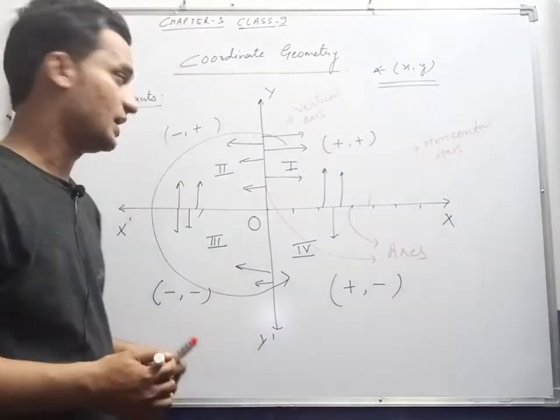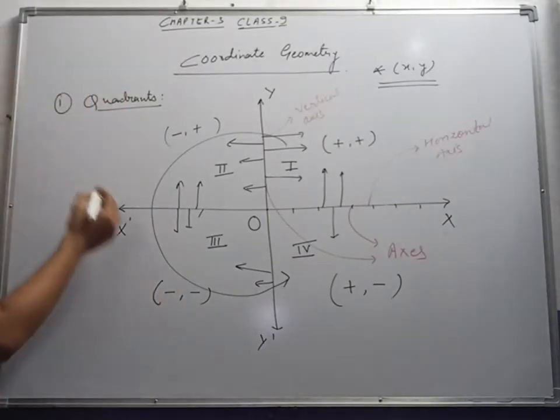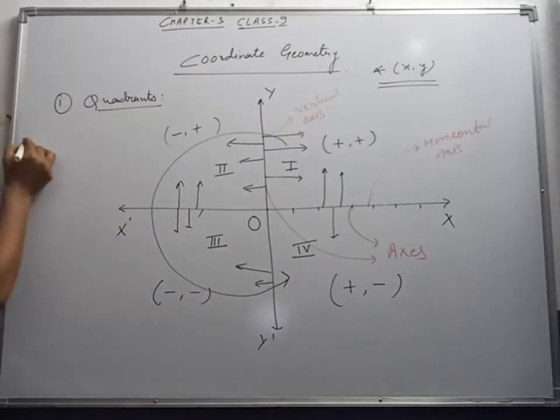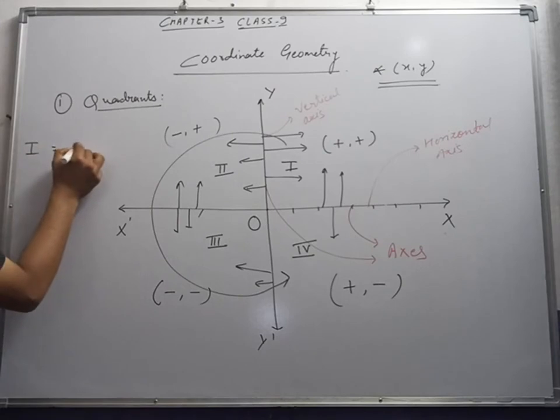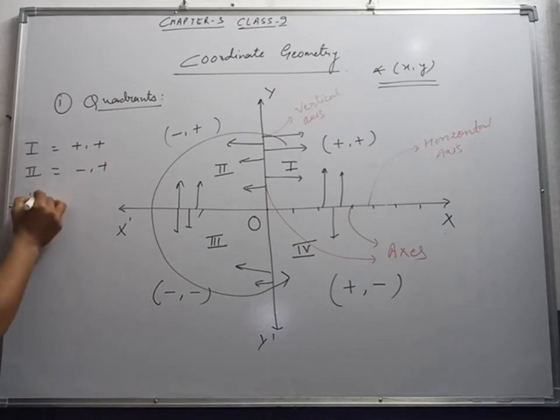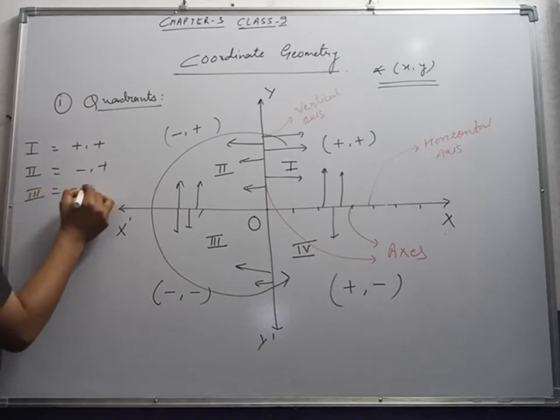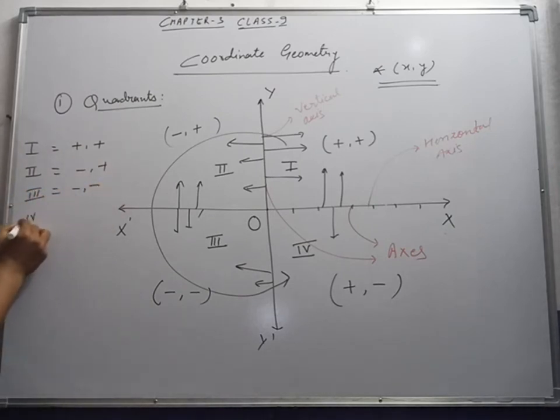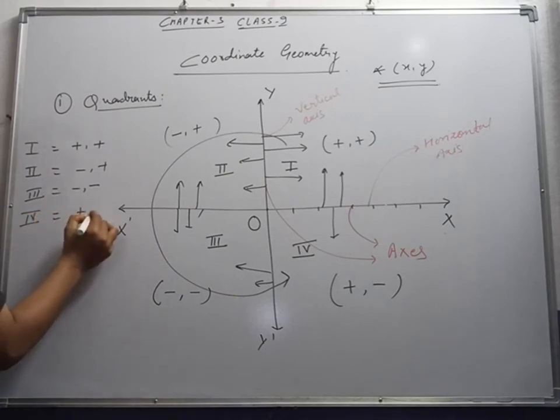Here I am writing: first quadrant plus plus, second quadrant minus plus, third quadrant minus comma minus, and fourth quadrant plus comma minus.